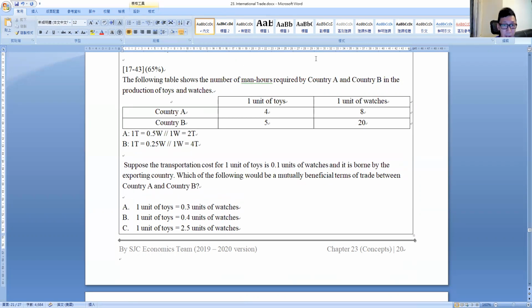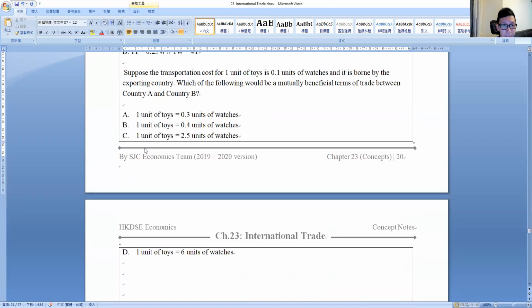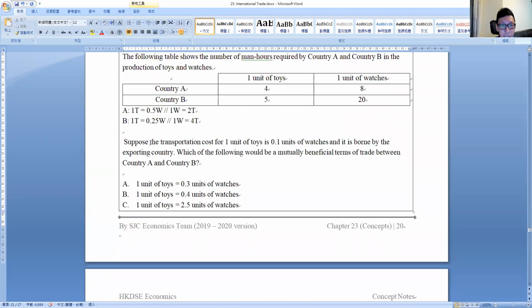Now, suppose the transportation cost of 1t equals 0.1 watch, right? 既然佢答案係 1t 對幾多啦，so we just look at 1t to something. The original range should be here. 應該係咁㗎嘛個 range.